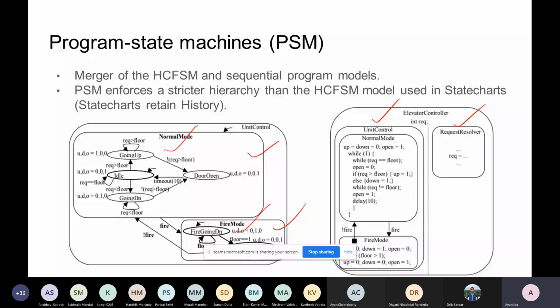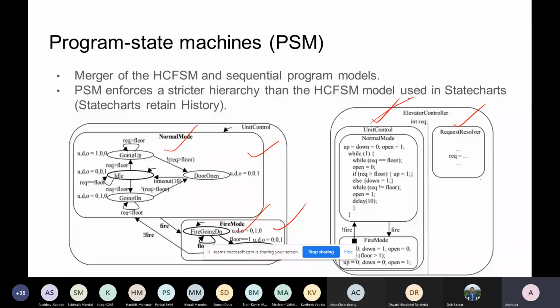The unit control was associated with the general working of the elevator, and the request resolver was related to receiving requests, maybe from someone outside the elevator who is requesting to get in, or someone inside the elevator who is choosing his or her floor and getting out. So in which direction the elevator will go and where it will stop were maintained by this request resolver. So these two FSMs are basically running concurrently.